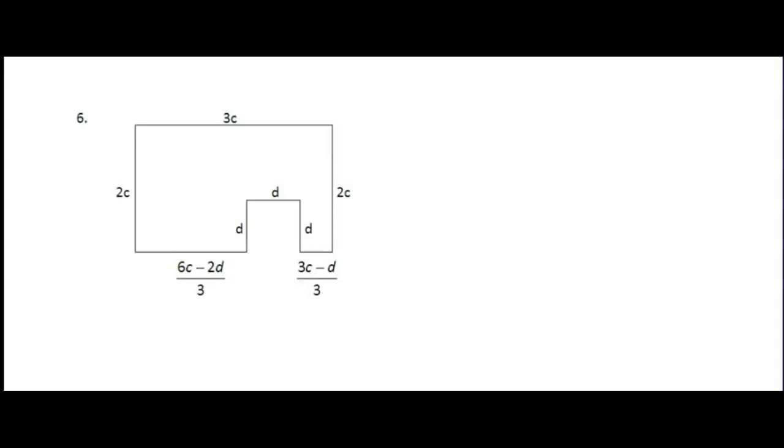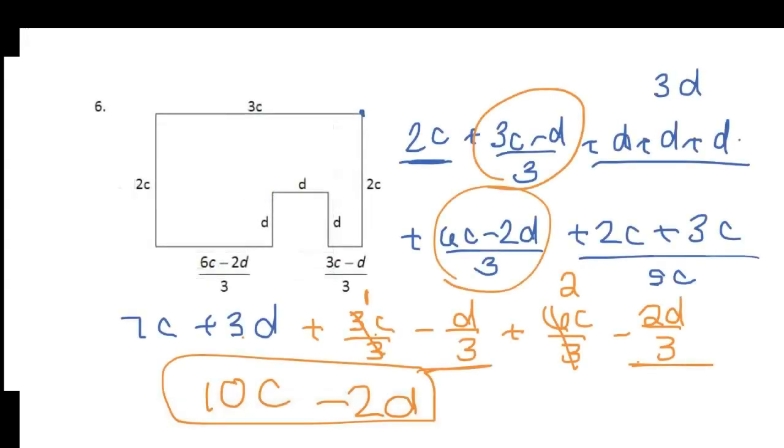So here I have 3d, so I can combine those. I have 5c. Maybe I add to it the other 2c's. So what that does is now I have at least grouped together. So I have 7c plus 3d.